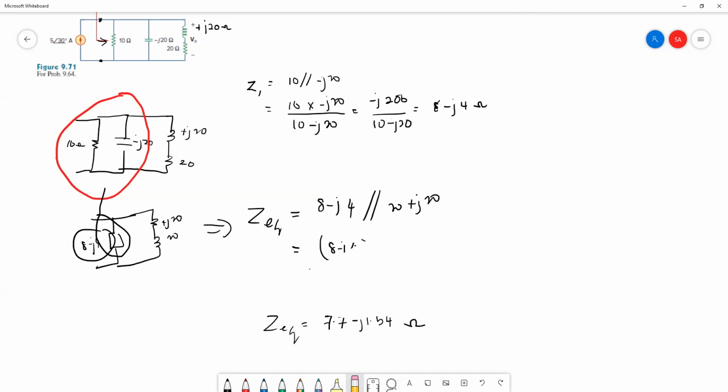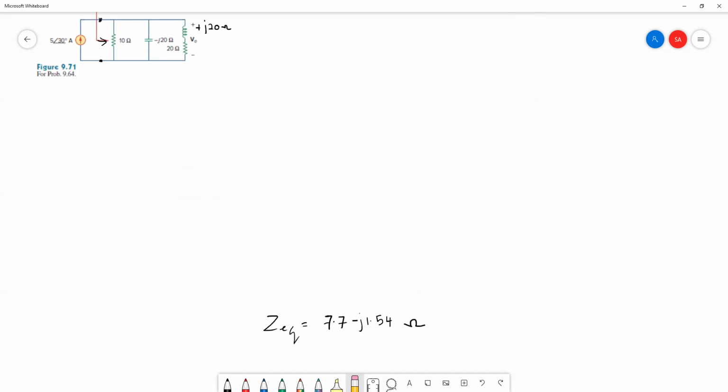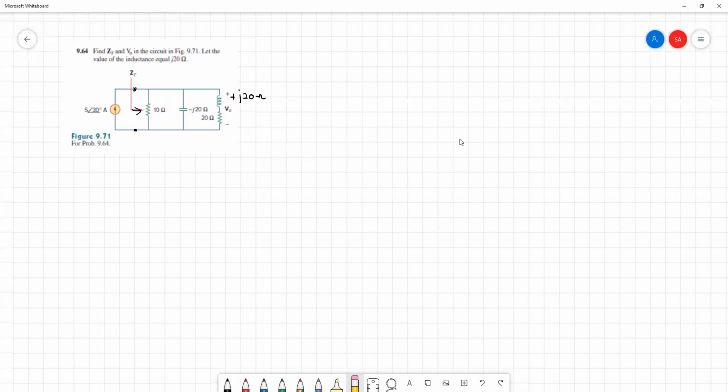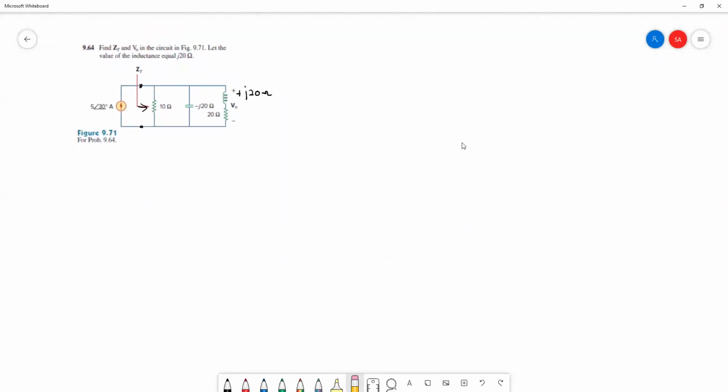There are several ways to solve for V out. We can use the current division technique, or any technique. In this example, I want to use a different technique, not the current division.